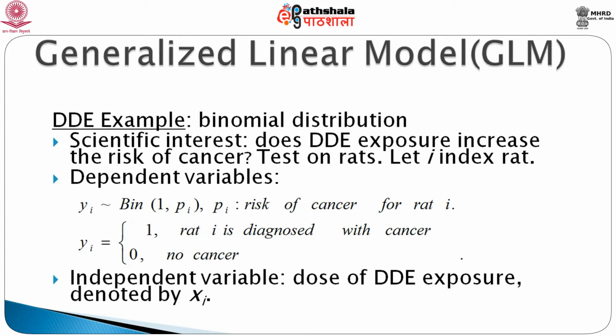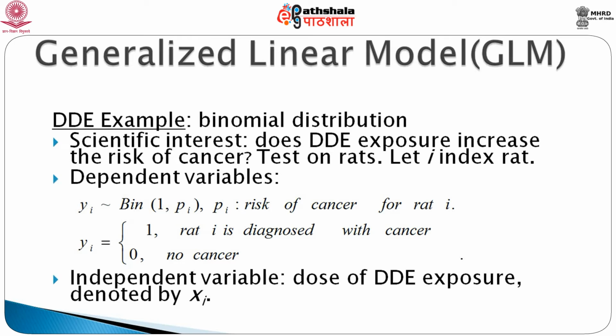The experiment has been done. In fact, in the previous session we talked about the tumor development in rats. It's basically the same experiment we are talking about. So, the scientific interest: does DDE exposure increase the risk of cancer? Tests on rats have been done.